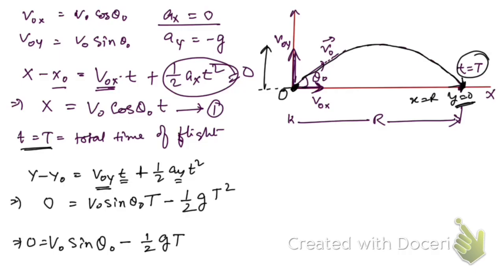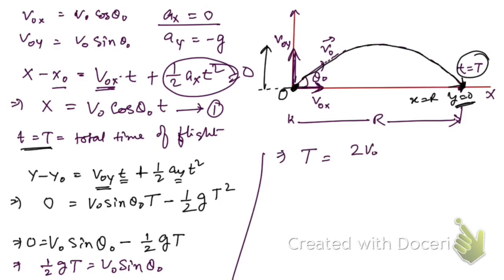So this implies that half g capital T is equal to v naught sin theta naught, and that's going to give you T is equal to 2 v naught sin theta naught by g. That's what we're going to have. So this is, suppose, equation number 3.